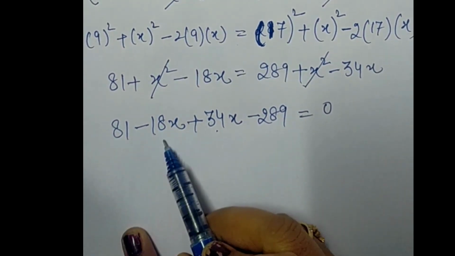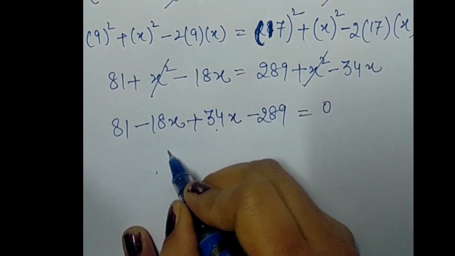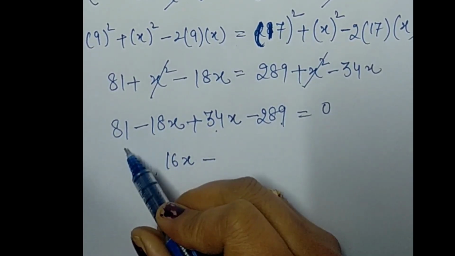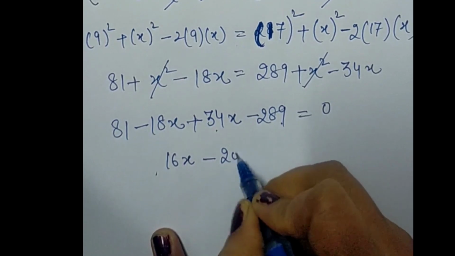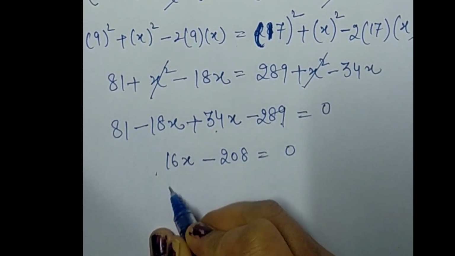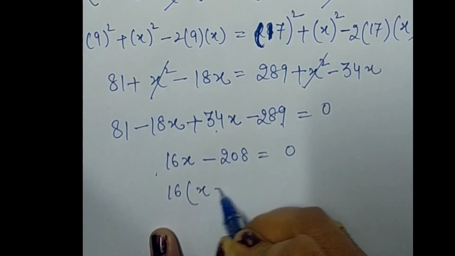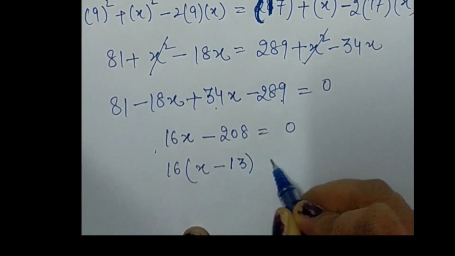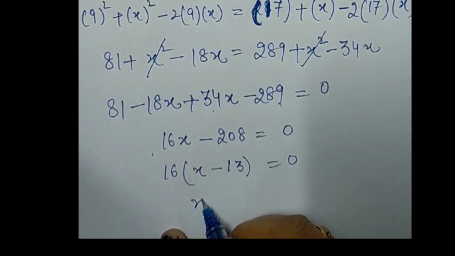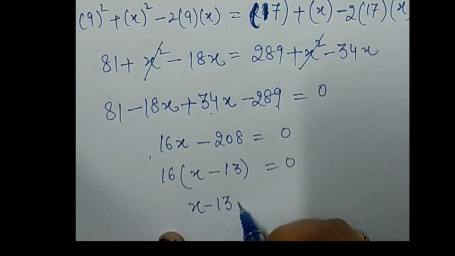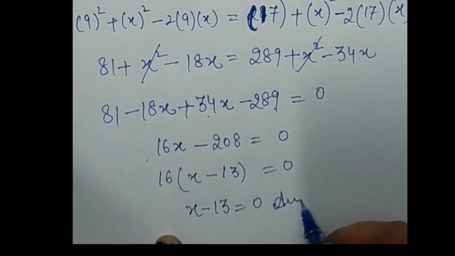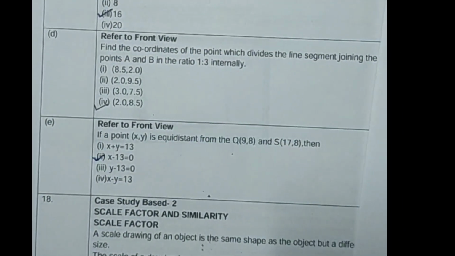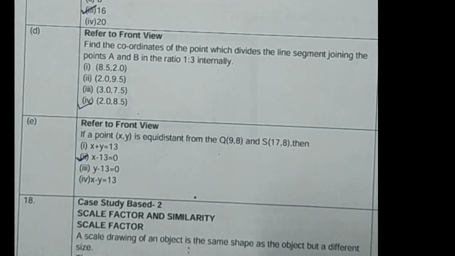Minus 18x plus 34x will give us 16x, and minus 289 plus 81 will give us minus 208. So 16 is common, and we are left with x minus 13. 13 goes to the other side and we are left with x minus 13 equal to 0. So you can check the second option, x minus 13 equal to 0 is the correct option.